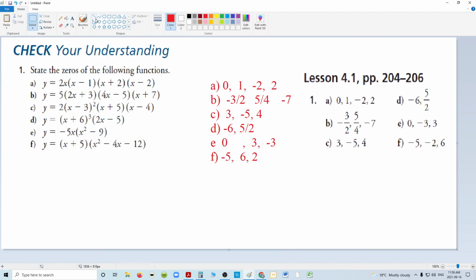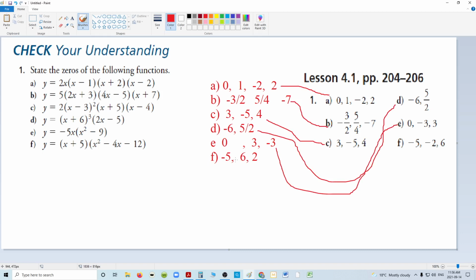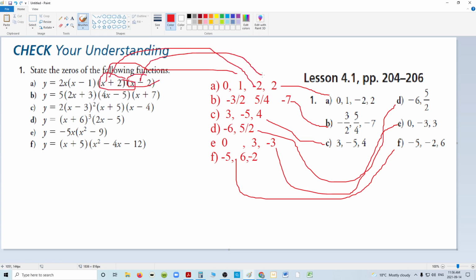And that's pretty much what they're doing. I forgot the -2 here. Essentially, it's any x that I plug in here that will make one of these brackets 0. And that's why this one's -2, and this one's 2, and this one's 1, and this one here is 0.